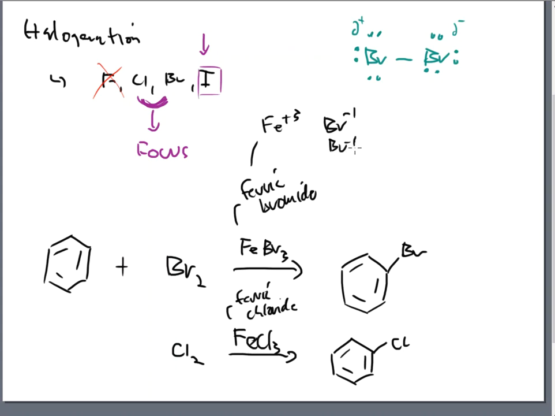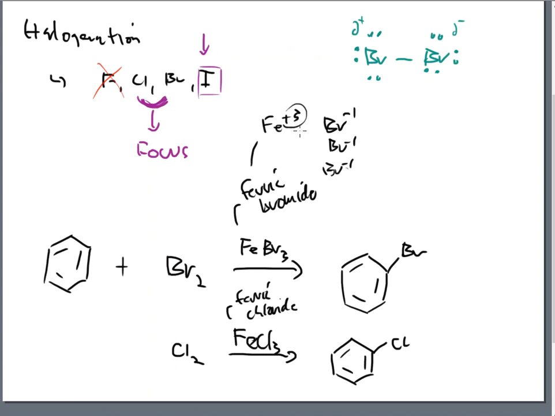So we need 3 bromines to counteract that positive 3 charge that the iron brings to the table. So FeBr3. Chlorine is the same way. Chlorine carries a -1 charge. We need 3 of those, and that -3 balances out that positive 3.